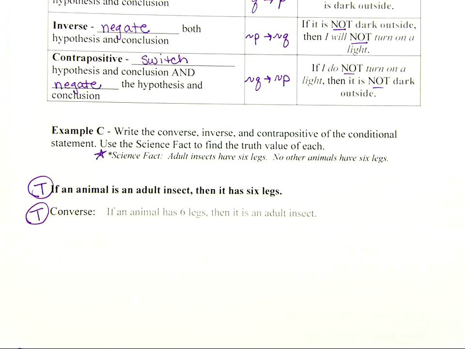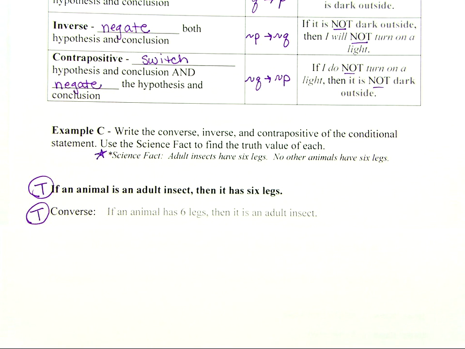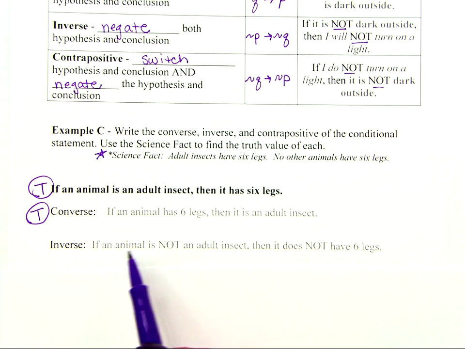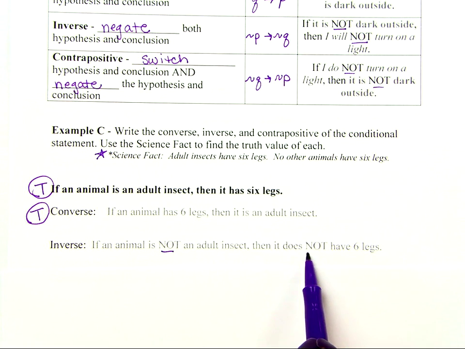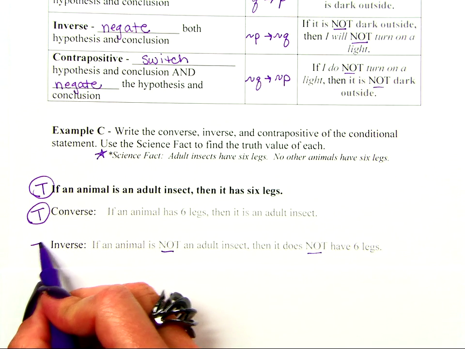What if we wanted the inverse to that statement? Well, the inverse is where we go back to our original, but we negate it. So we're going to add in the word not. If I take that statement and I negate it, it says if an animal is not an adult insect, then it does not have 6 legs. Not adult insect, not have 6 legs, that is also going to be true.